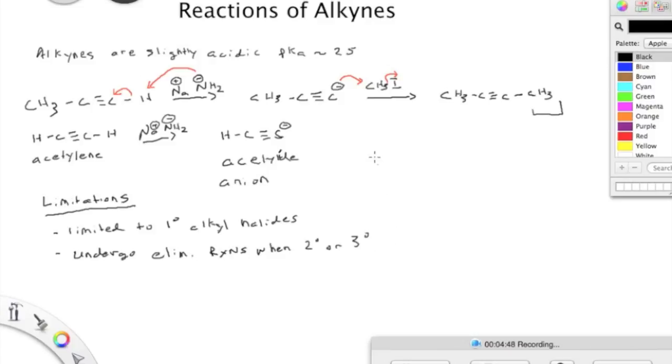So for example, let me just draw a line right here. If we have this alkyl halide and we treat this with an acetylide anion, what ends up happening, instead of getting the substitution product that you want, like this one up top right here, you end up actually eliminating hydrogen from this, or eliminating HBr, and you don't get the product that you would desire.